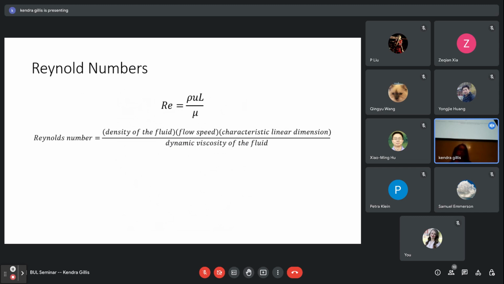In our research, most of these things stay constant, but you could vary the temperature, and that would vary the Reynolds number, which will come up later. This shows how turbulent a flow is. If the Reynolds number is very low, it's laminar or close to laminar, but if it's very high, it's extremely turbulent with lots of eddies of different sizes.